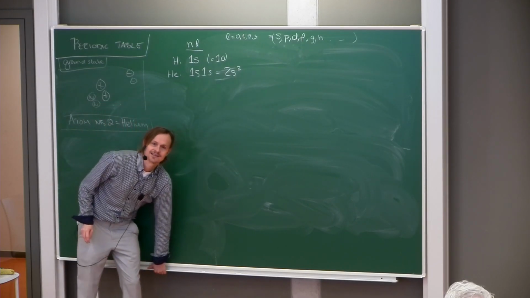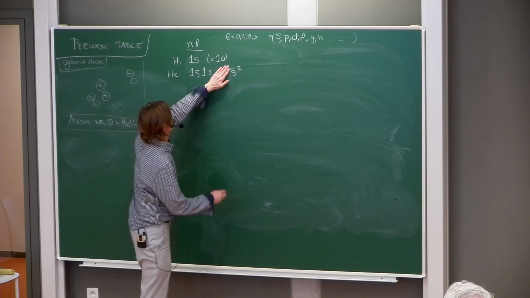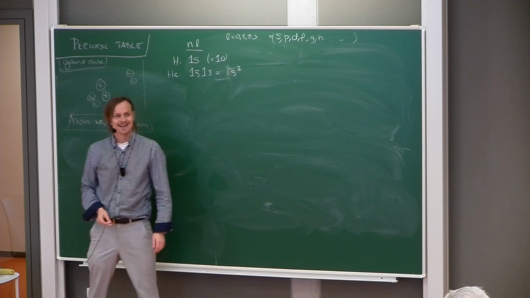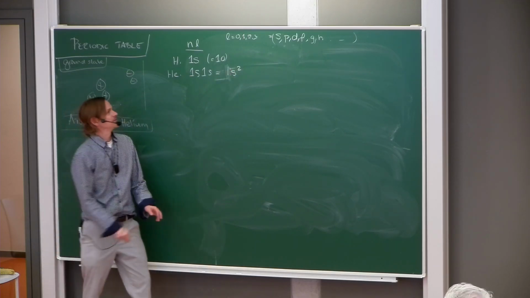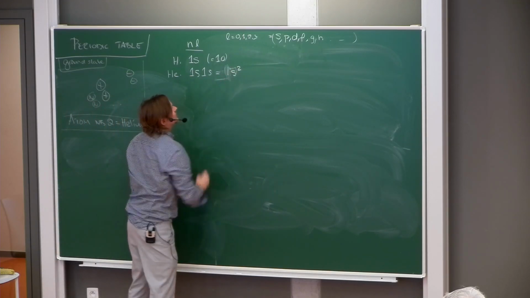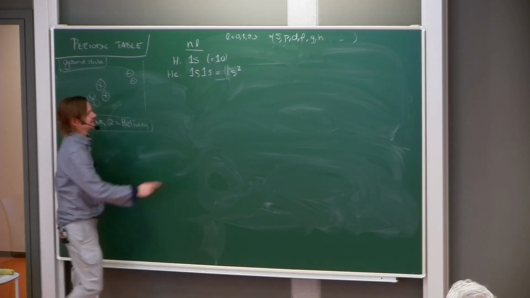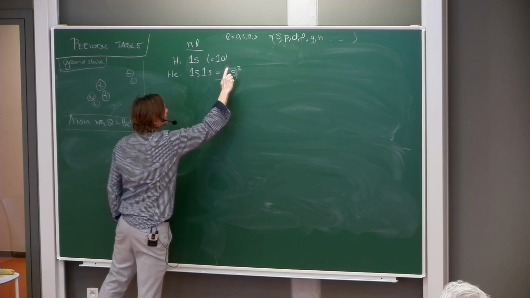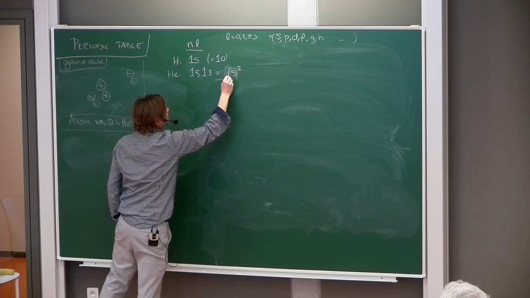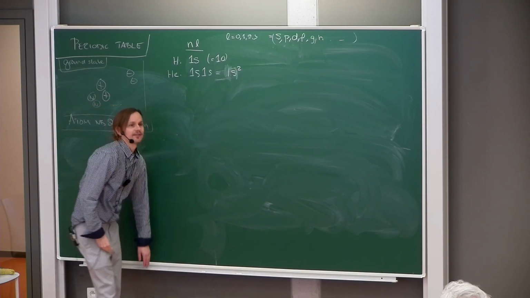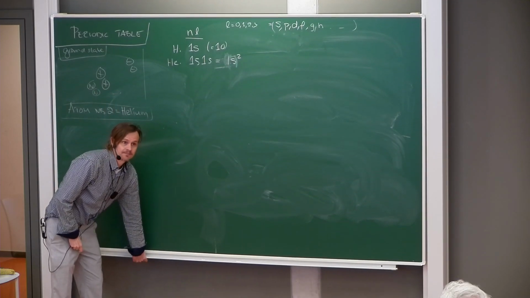We don't need it in this. It's not a squared, it's 1s2. That means that the 2 electrons are in the 1s state, okay?